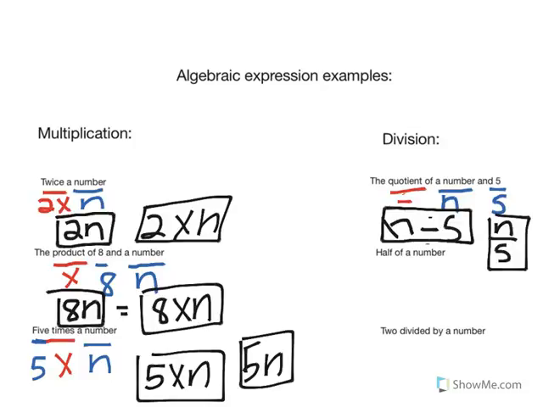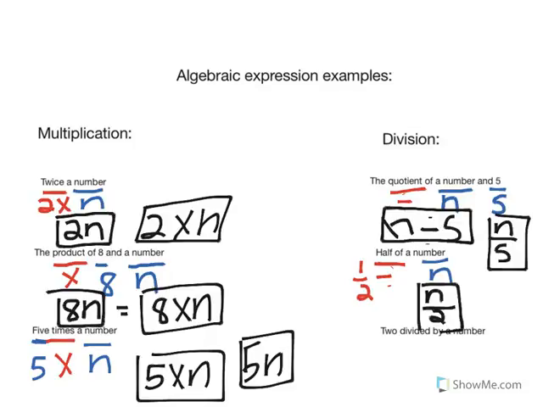Now let's go on to the next one. Half of a number. Half indicates 1/2, which is dividing by 2. So the number is the variable, so we're going to write n for that. Half of a number is the same thing as writing 1/2 n, which is n over 2.